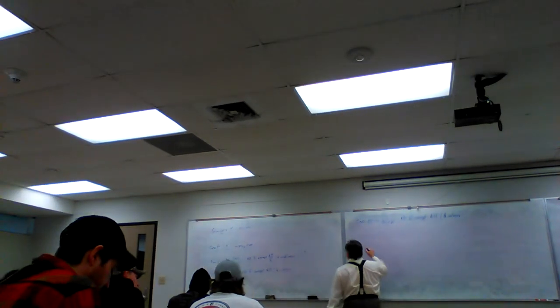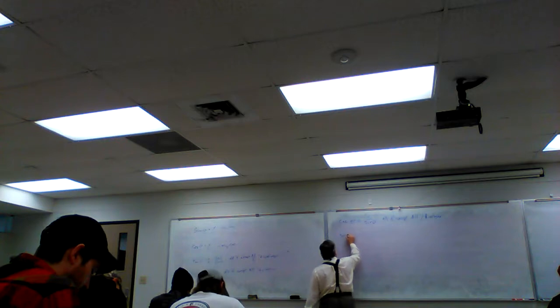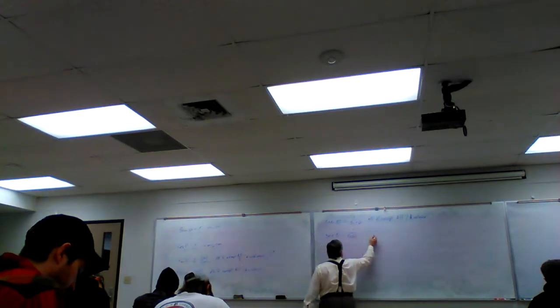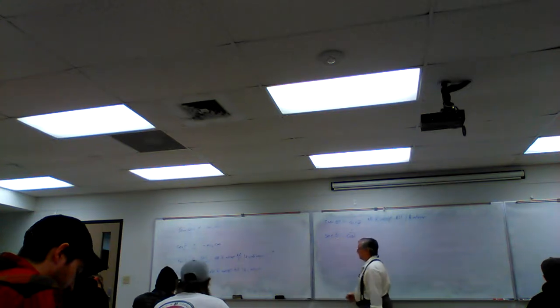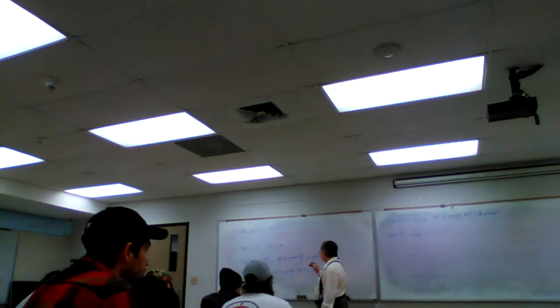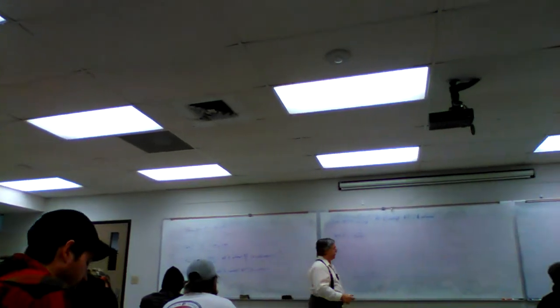And finally, we have secant. It is 1 over cosine theta. So when is cosine 0? At all odd integer multiples of pi over 2.